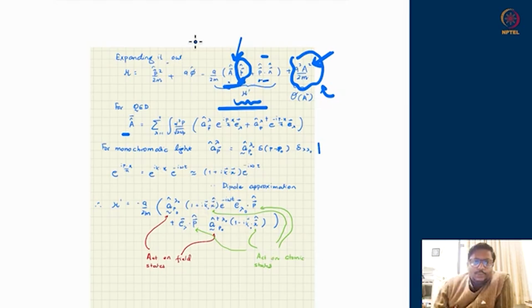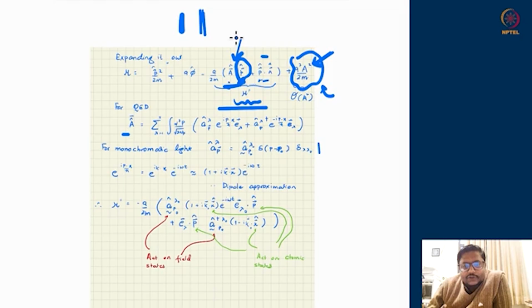So I have a two-party system now. One is the state of the atom, and then there is another part which is the state of the field itself. So this is a two-party quantum system, and the operators of both of them appear as a product term in the Hamiltonian.